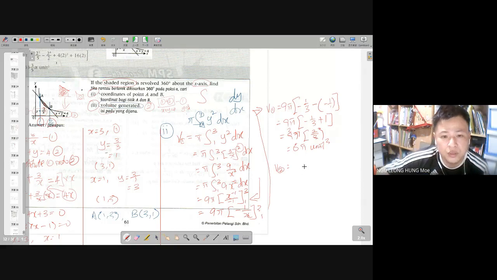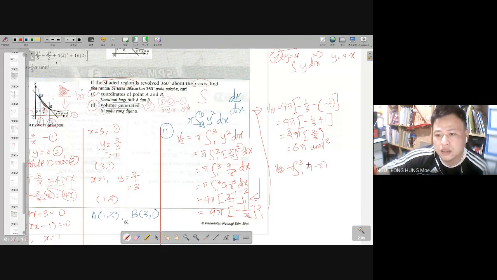Then volume number 2, under the line x plus y equal to 4. If we do it under the x-axis, this one should be y, so we have to move this one there. The equation will be y equal to 4 minus x. So pi outside here, still 1 until 3, of 4 minus x squared dx.